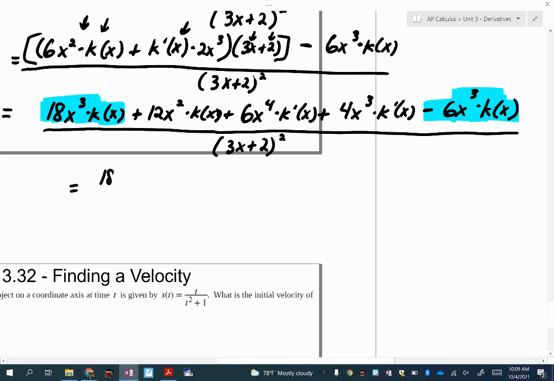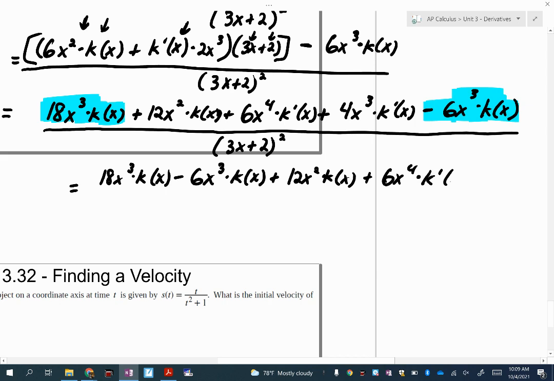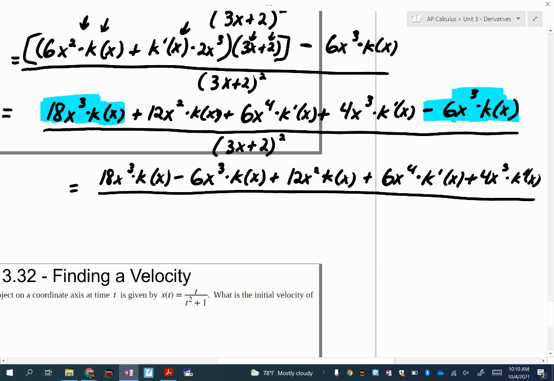So we have 18x cubed k of x minus 6x cubed times k of x plus 12x squared times k of x plus 6x to the fourth power times k prime of x plus 4x cubed times k prime of x, all over 3x plus 2 squared.